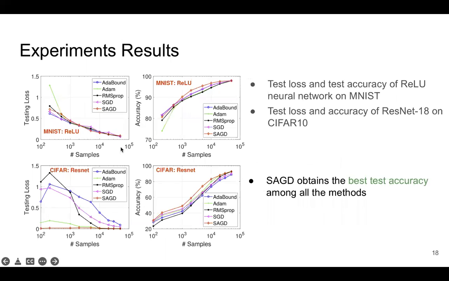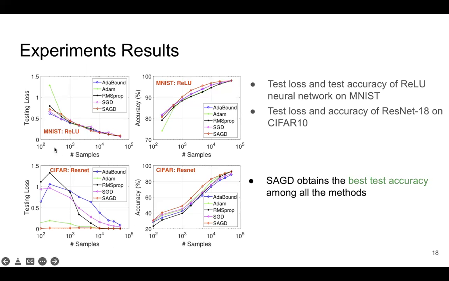And this is the result here. This is the test loss and test accuracy for MNIST with a ReLU activation function. And this part is the testing loss and test accuracy of ResNet over CIFAR10. You see the x-axis here is the number of samples.